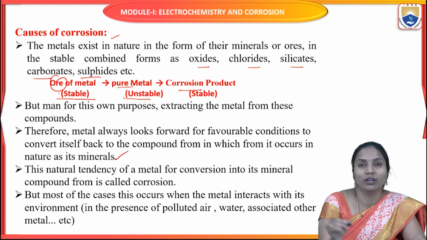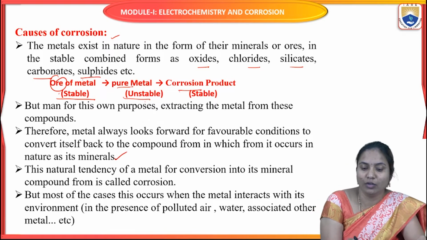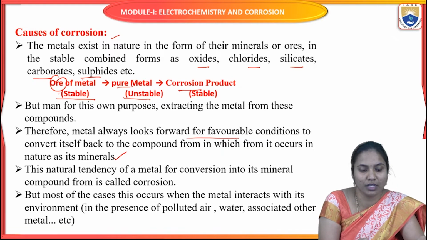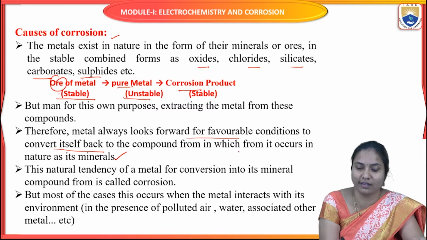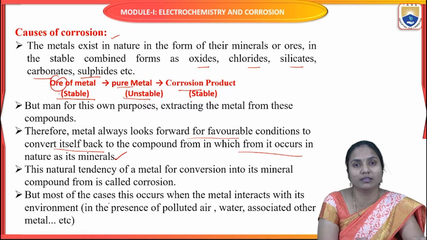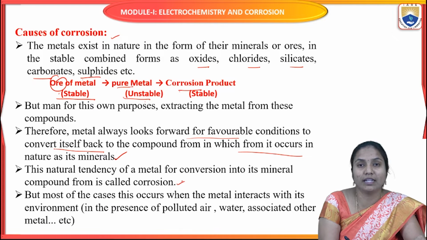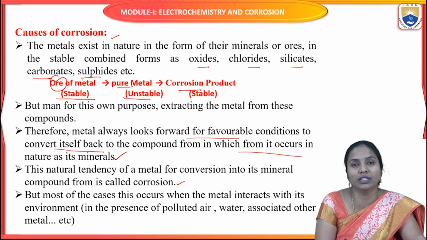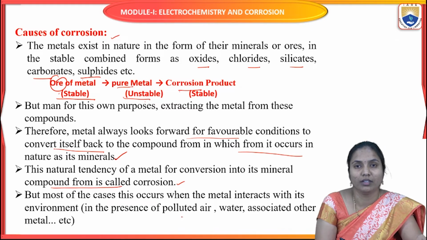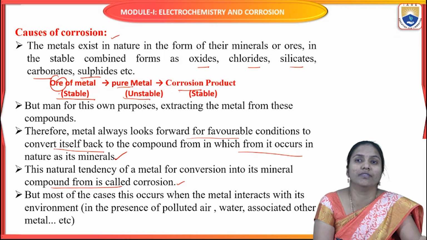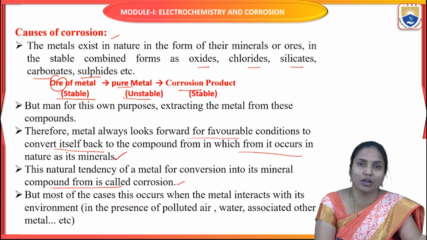Therefore, the metal always looks for favorable conditions to convert itself back into compound form, that means metal compounds like ore, metal sulfides, metal oxides, etc., which occur in nature as minerals. So the natural tendency of a metal to convert into its mineral compound form, its original position, is called corrosion.